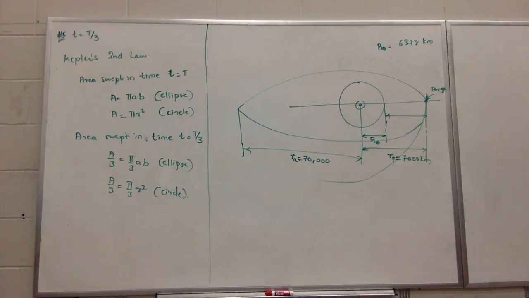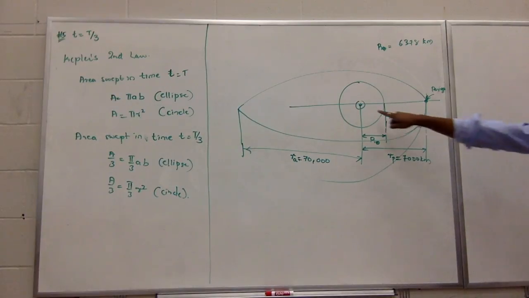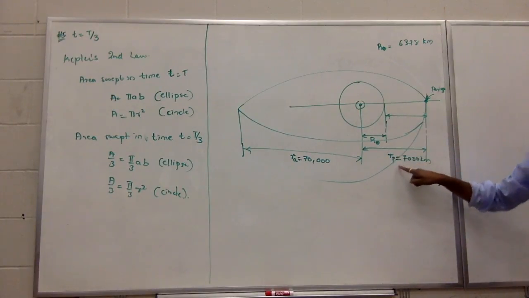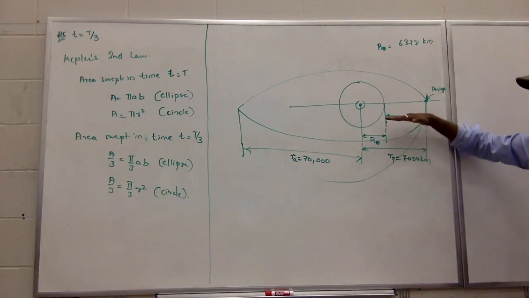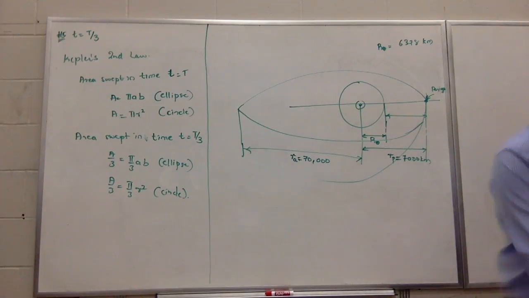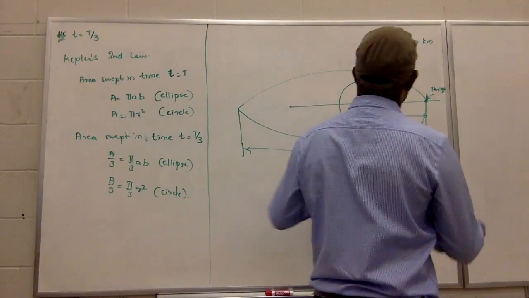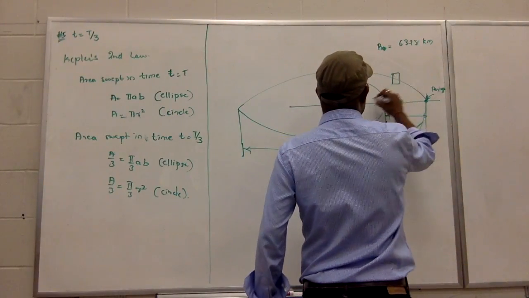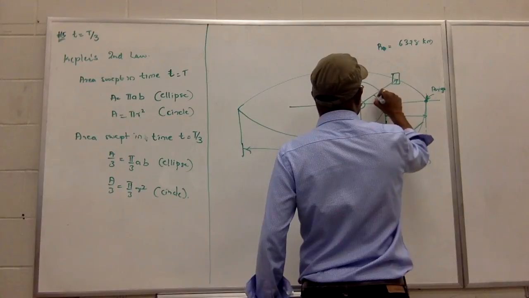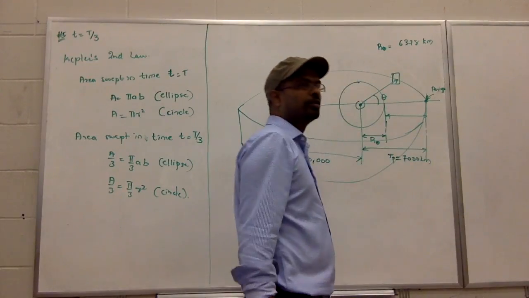That's what the apse line is, not just the apse line, but the reference line here is the RP, the perigee radius. Yes, this is the reference line. So depending on where your satellite is, if the satellite is here, this is the perigee.